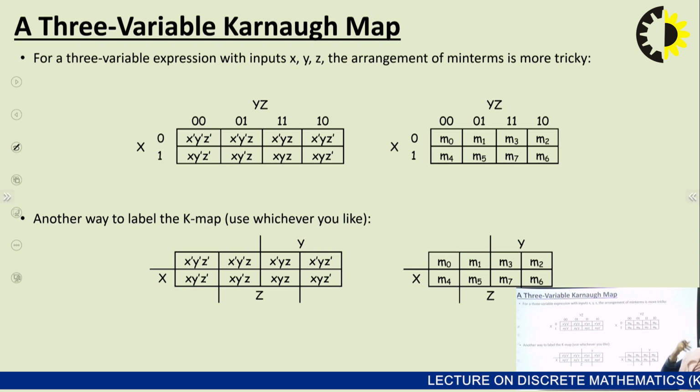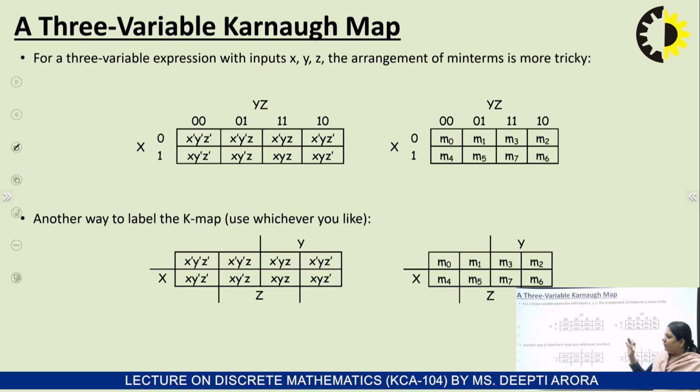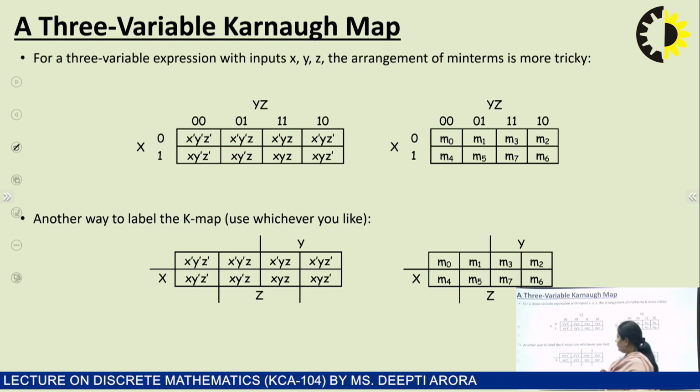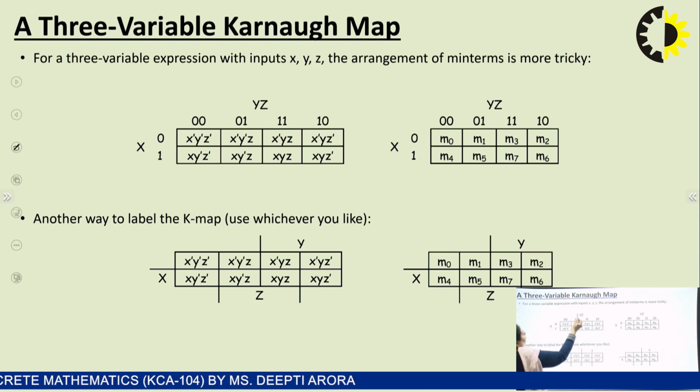Okay, now the 3 variable K-map. See the arrangement here. In this K-map of 3 variables, we are making the columns or elements adjacent pairs. We have 3 variables x, y and z.